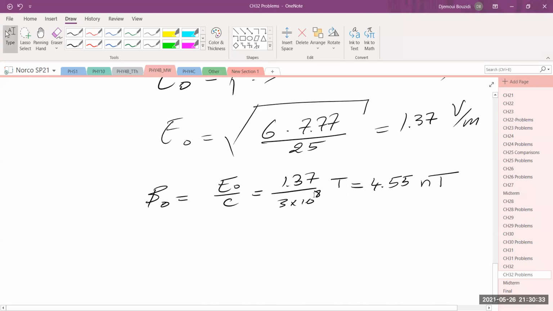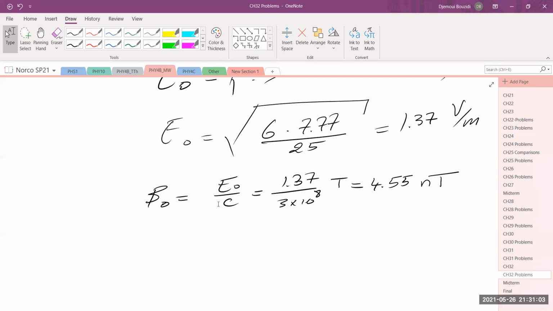Because you have 10 to the negative 8, and you have another decimal point that was in here, so I moved that one, it became 10 to the negative 9 Tesla. So this is a very tiny magnetic field. Usually the magnetic field is very small due to the EM waves. This is because of the c in the denominator always. So most of the time you're worried only about the electric field because the magnetic field is extremely small, okay? So we answered that part.